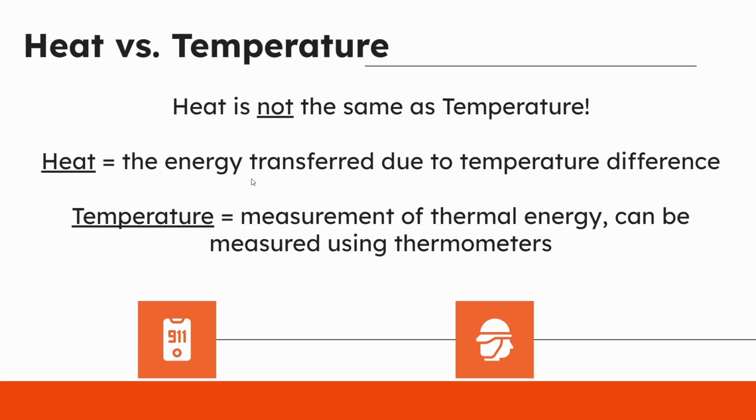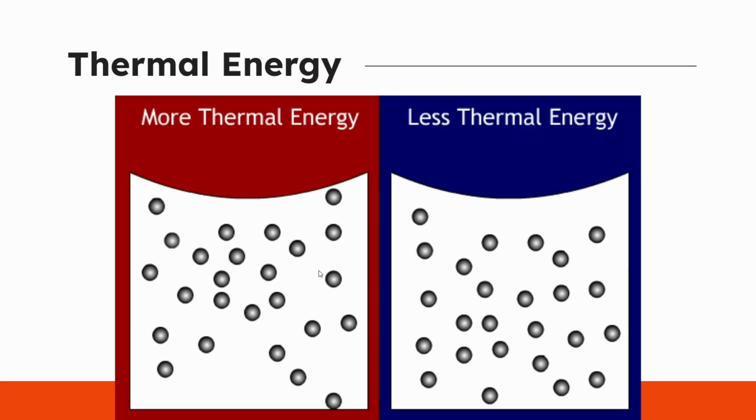So maybe you could write in your notebook, heat is energy moving, whereas temperature is the measurement of thermal energy. So this is actually that measurement of what's the temperature of this system or this thing. And it can be measured using thermometers. So this is the measurement, and this is the actual movement of the energy.